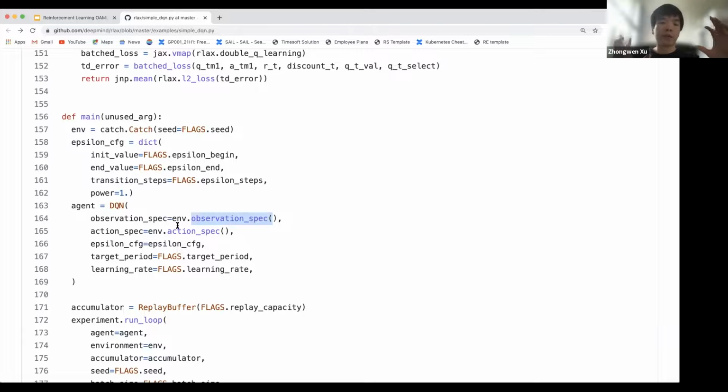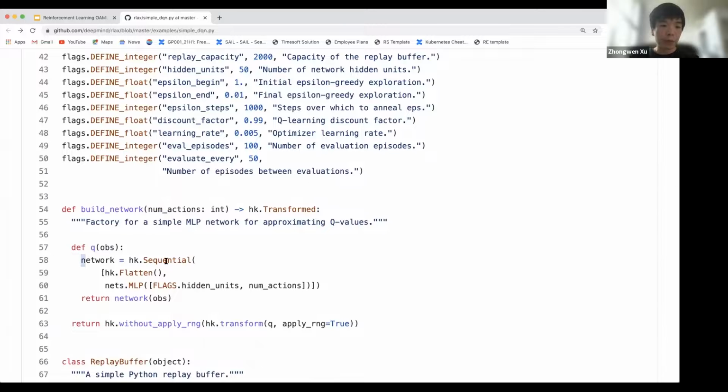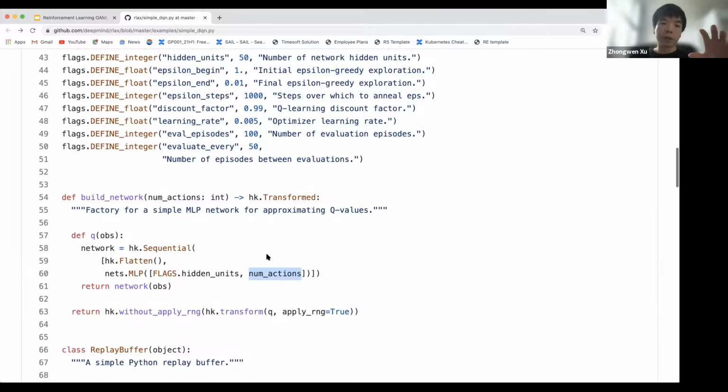The agent can form a neural network accordingly. For example, here you flatten the input, walk it through an MLP, and produce the Q values over all of the actions. So essentially what you need is the input shape and the output shape. Other than that, I don't think anything from the environment is necessary.